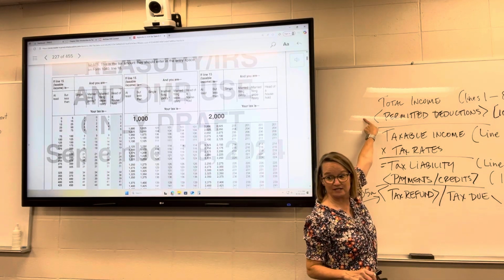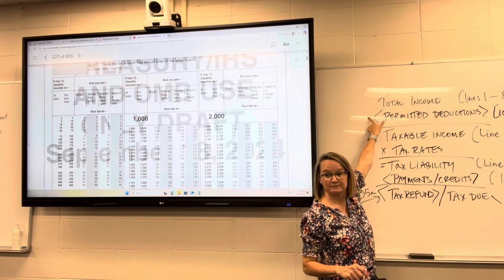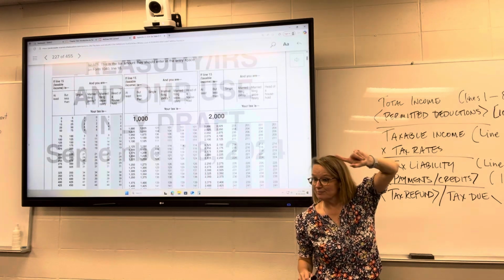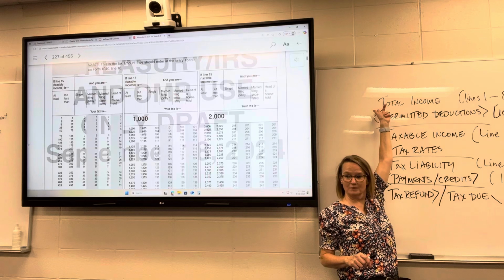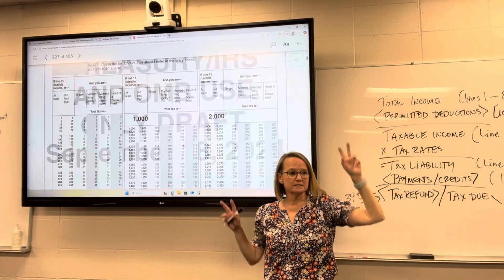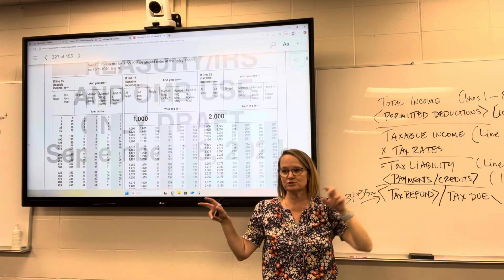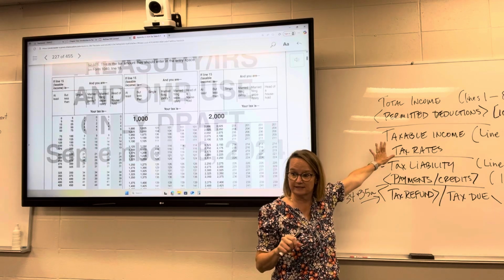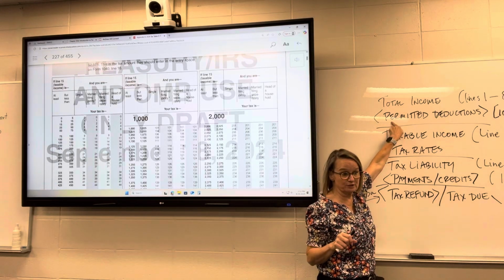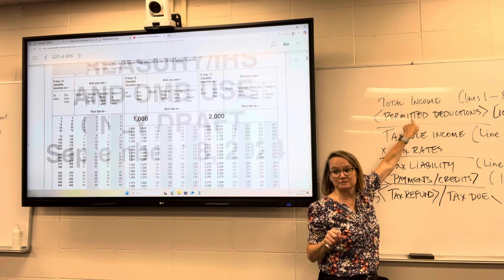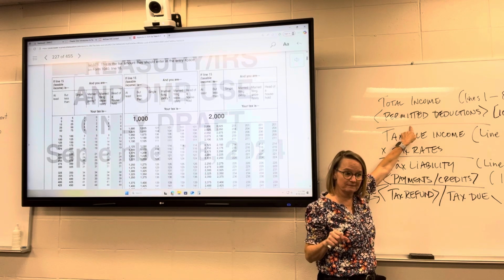That standard deduction has already been subtracted. However, in your problem, if they use the word total income, or they use the term W-2 income, which is also total income, that means it's before the deductions. So you're going to have to subtract that standard deduction.